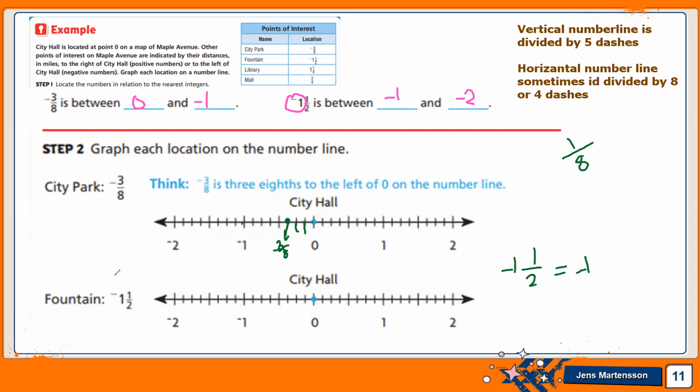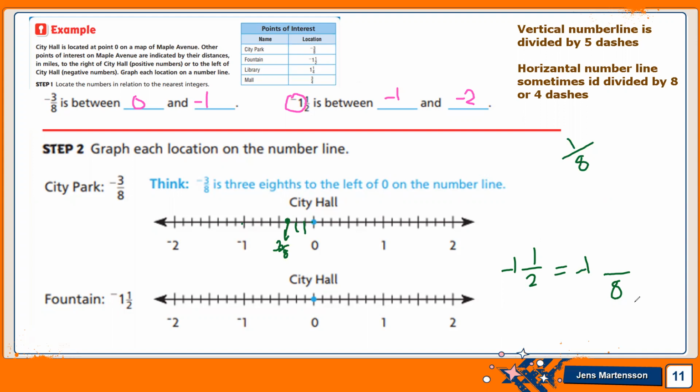So what do you have to do? You will find an equivalent fraction that is equivalent to half, but with a denominator of 8. So what do you have to do, Rafif? How will you write a fraction that is equivalent to something over 8?